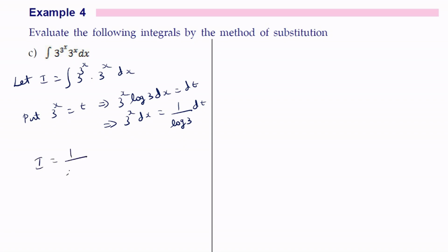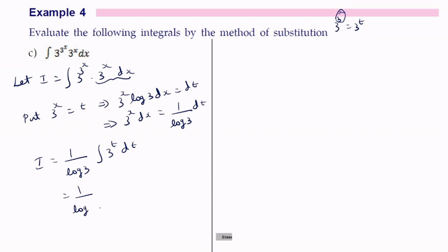So I is equal to 1 by log 3 into integral. Here we have 3 raised to 3 raised to x. For this 3 raised to x we can put t, so 3 raised to t, and for this 3 raised to x dx we can put 1 by log 3 dt, with 1 by log 3 outside, into dt. Now it is easy.